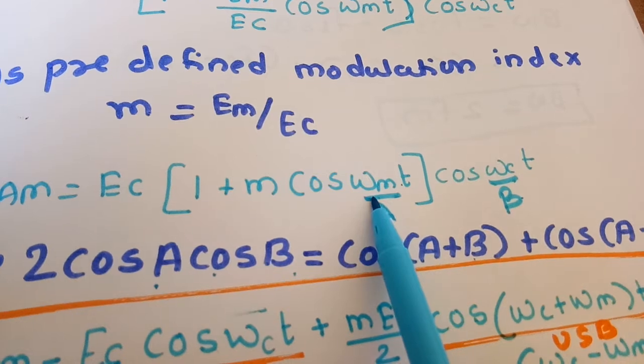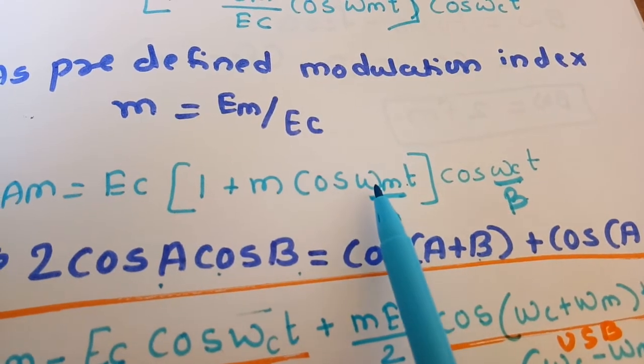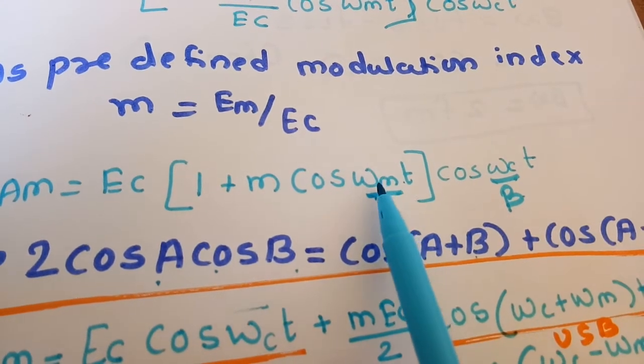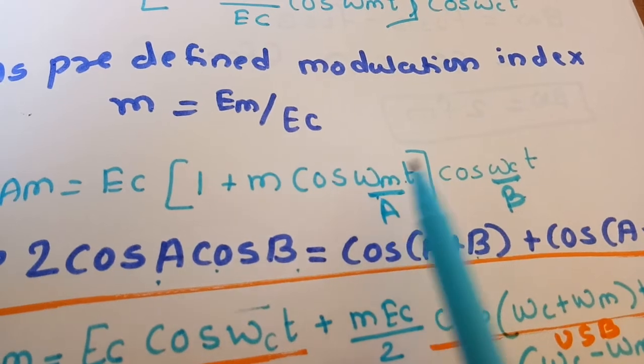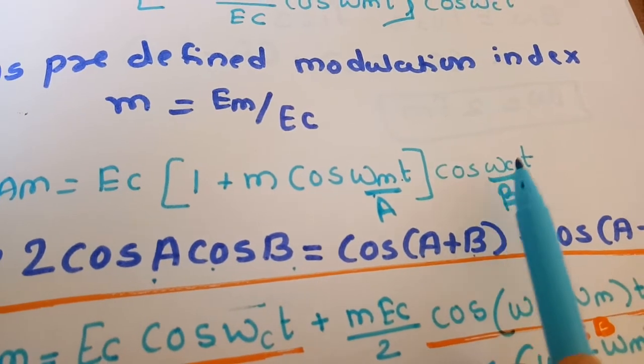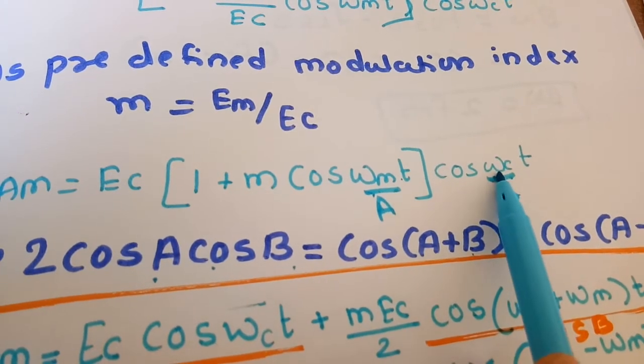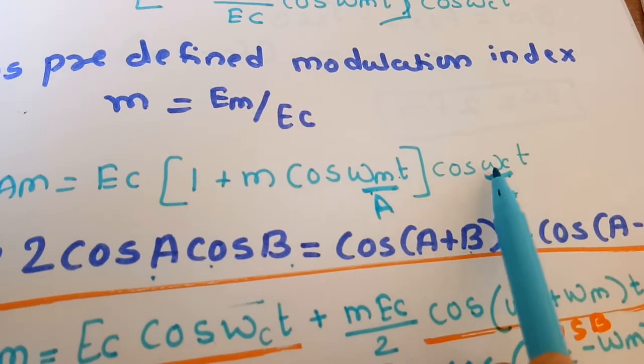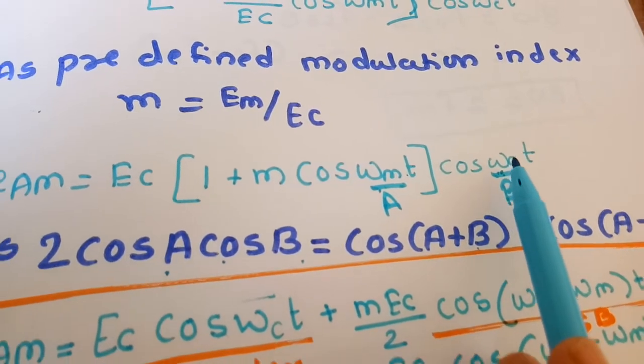Omega m is equal to 2 pi fm, where fm is the frequency of our baseband signal, and omega c is 2 pi fc, where fc is the frequency of our carrier signal.